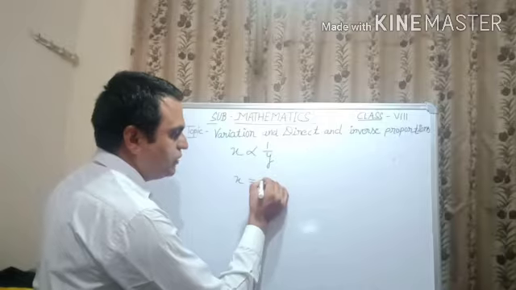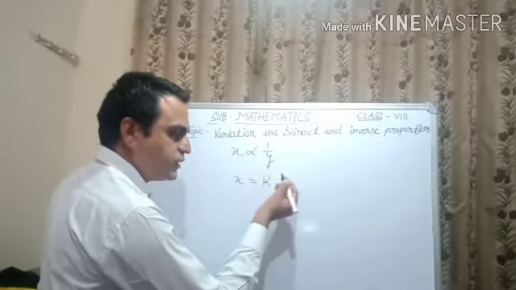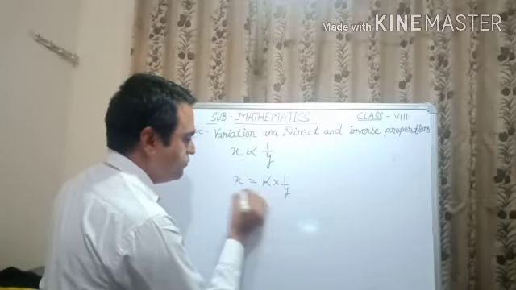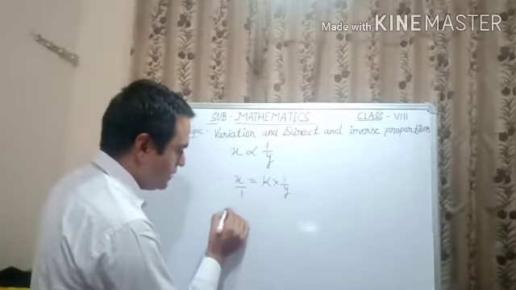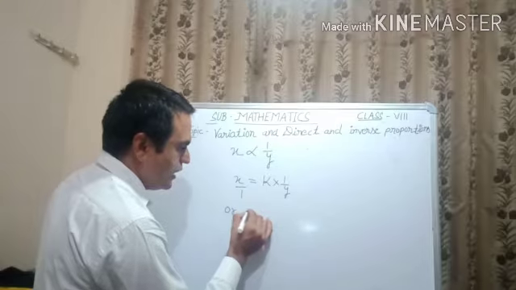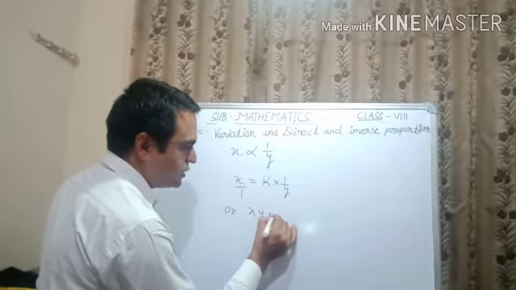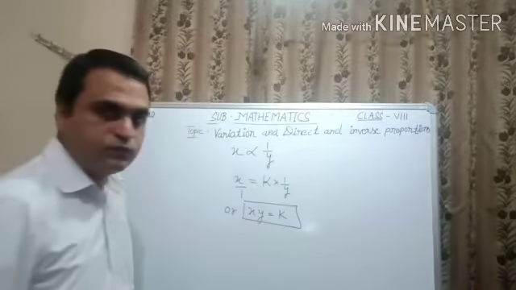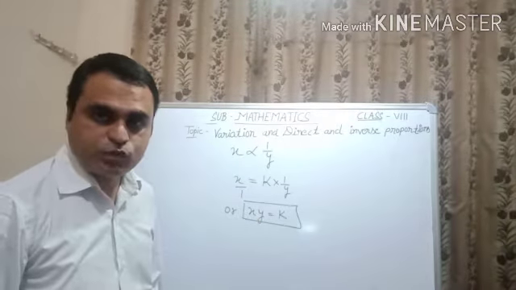Now we multiply by a constant, k into 1 upon y, or we can also say x into y equals k. This is the general equation for inverse proportion.